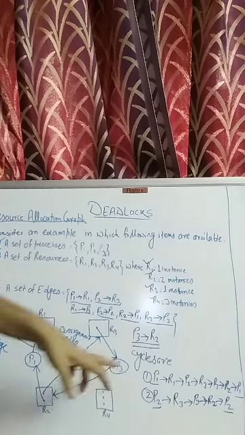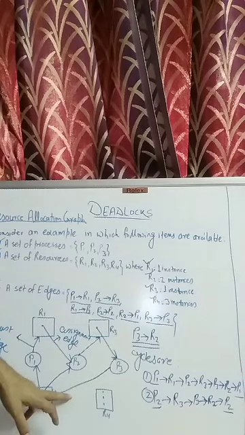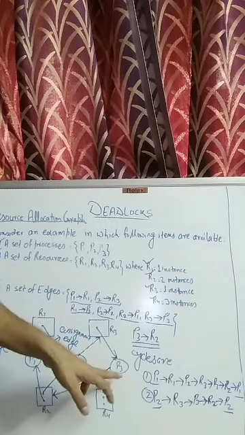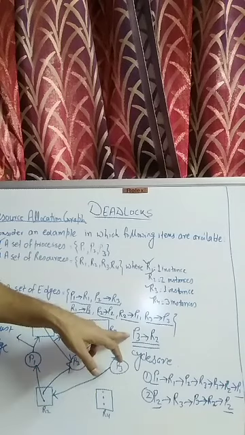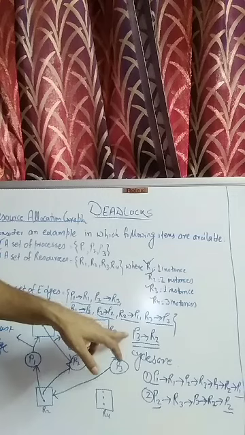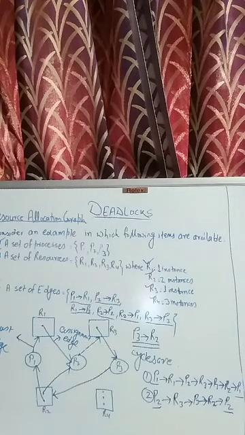So by using this additional edge, which is added due to the new demand of process P3 for resource R2, two cycles are formed in this case. So when a cycle forms in the resource allocation graph, then this represents the deadlock state of the system.